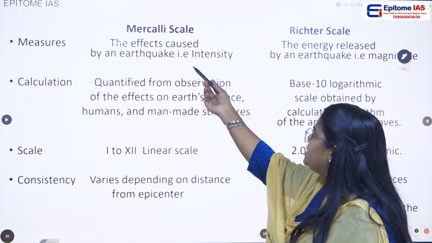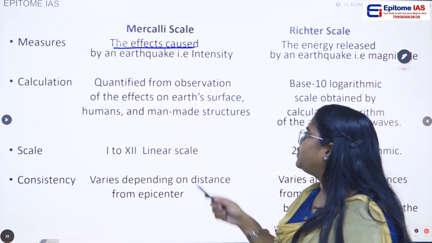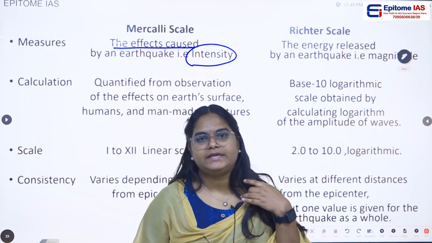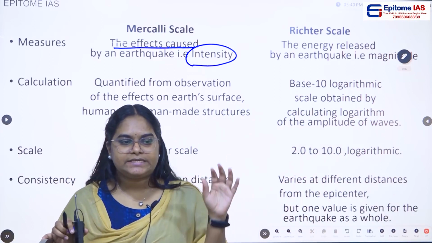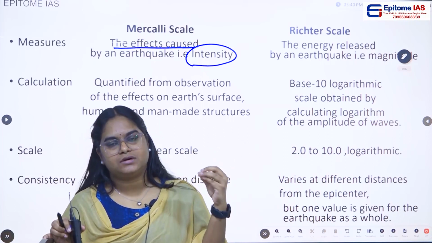So you see here the Mercalli scale usually measures the effect caused by an earthquake, that is the intensity. In the case of the Mercalli scale, it calculates how much damage this particular earthquake has caused.